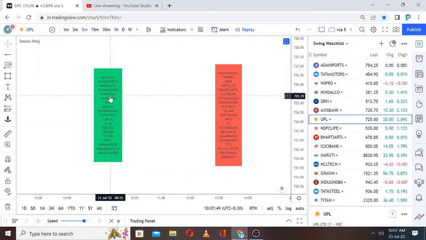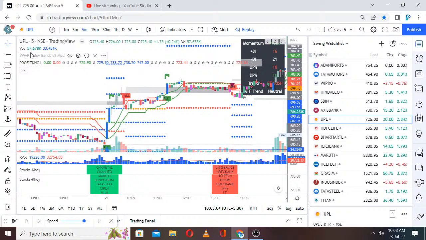So you can see JSW Steel is here, right? And in the auto sector, Hero Motocorp, M&M. See if we had any opportunity.